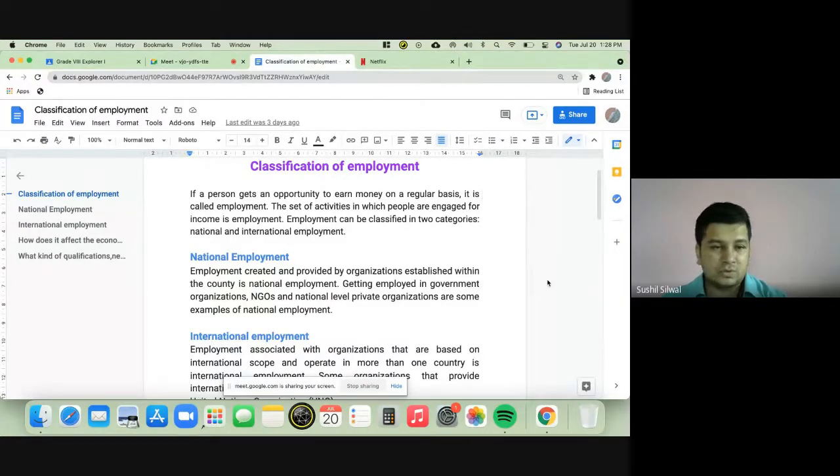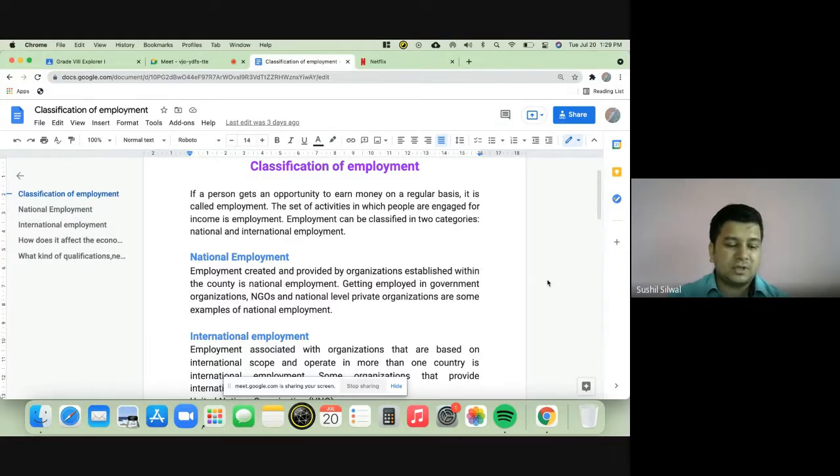So note taking has to just go on when they say something extra or the teacher says something extra. Is that clear? So just be listening, to see how well you are paying attention, and don't write the same thing from the book in your note. Even if it is there, it's fine, but don't write too much of exactly what's there. So the first one is national employment, and the second one is international employment.